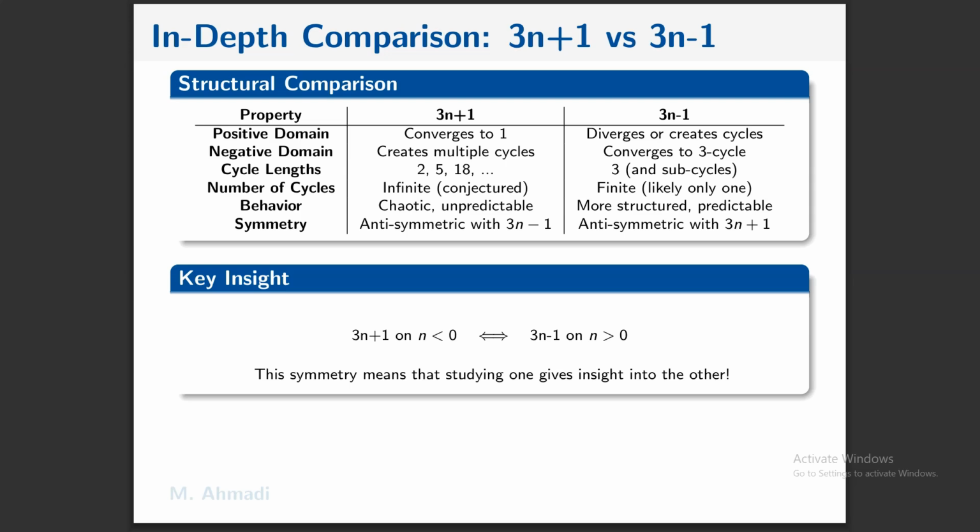Also here we have the finding that 3n plus 1 on negative integers is symmetric with 3n minus 1 on positive integers. This symmetry means that studying one gives insight into the other. This is important, as it means we can study the behavior of one to predict the behavior of the other.